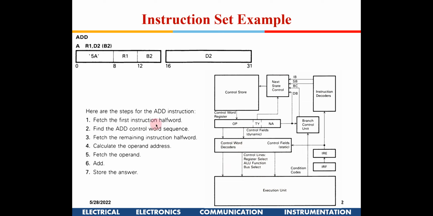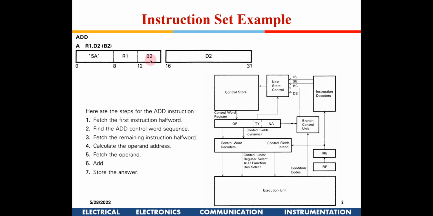Now if I take one specific example, just to understand what the timing issues are, take a simple add instruction, where the contents of a base register are to be added with some displacement which is given in the instruction. The contents of B2 plus D2, the displacement which you have given, together form an address location of the memory.